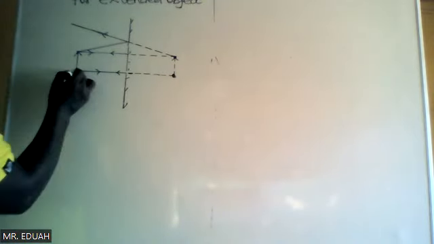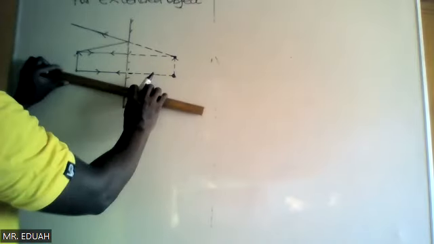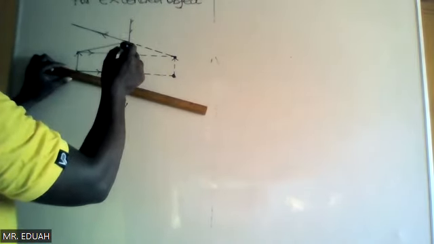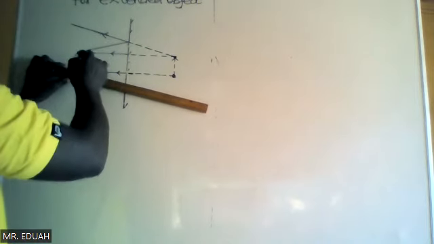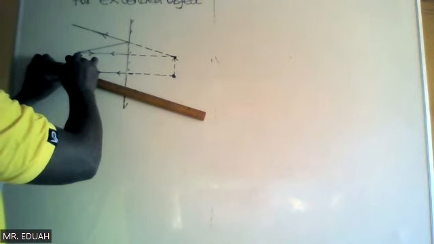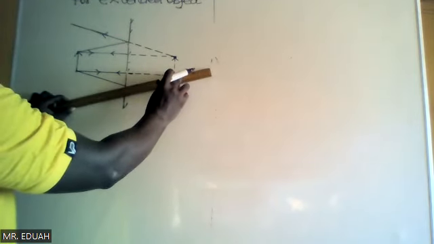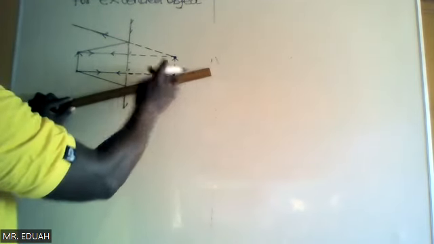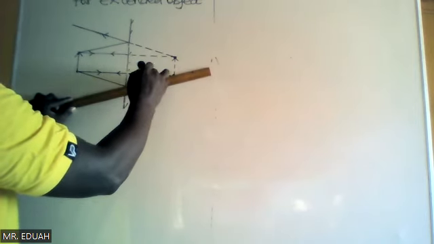I did the foot using one ray. I can use another ray because the image must be formed by two or more reflected rays. Coming from it at an angle, it must reflect at the same angle.